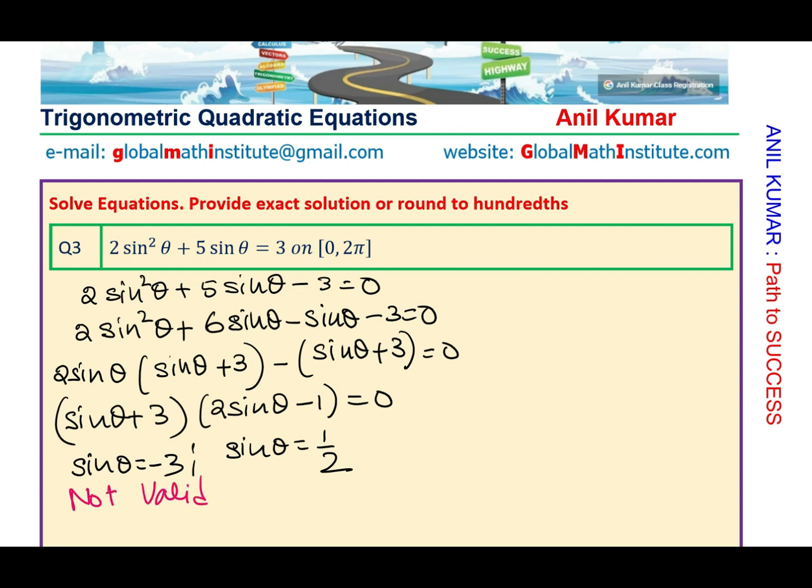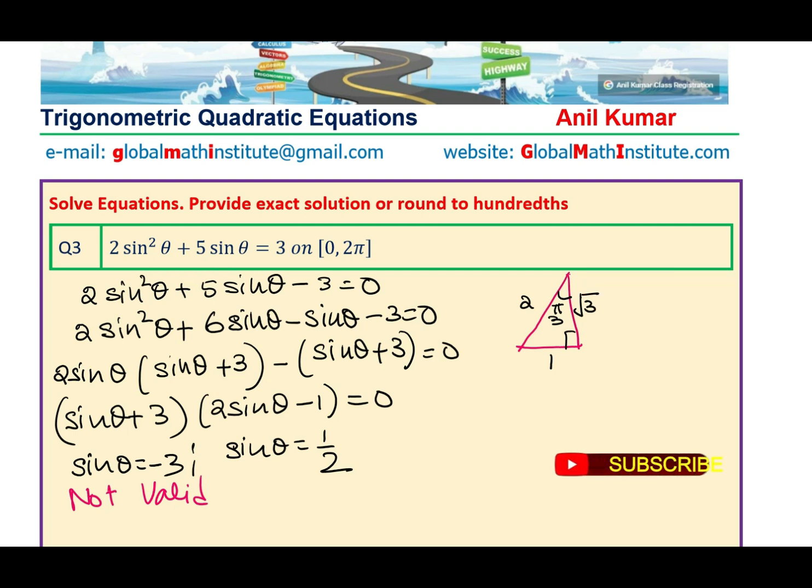But the other one, we can again sketch this particular right triangle, and for half we can see that the angle is pi by 3, right? Perfect. And we also know sine is positive in two quadrants, and therefore positive half means we are looking into these two solutions where the angle is pi by 6, right?